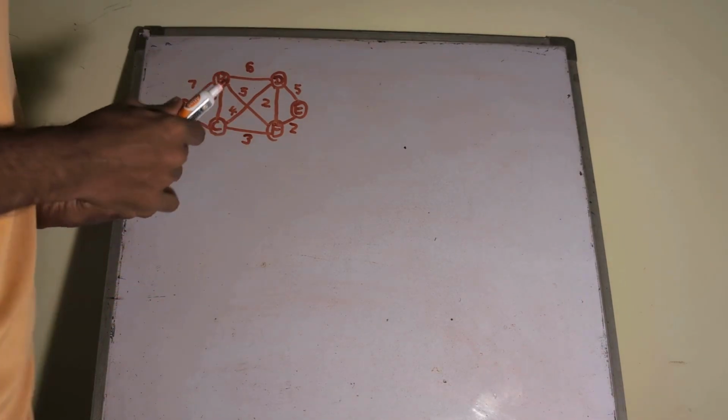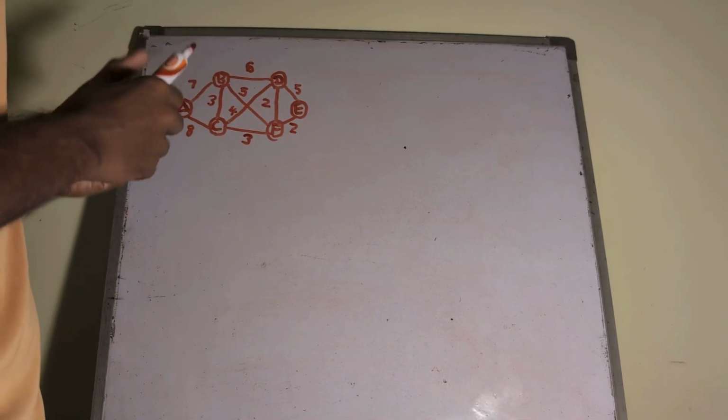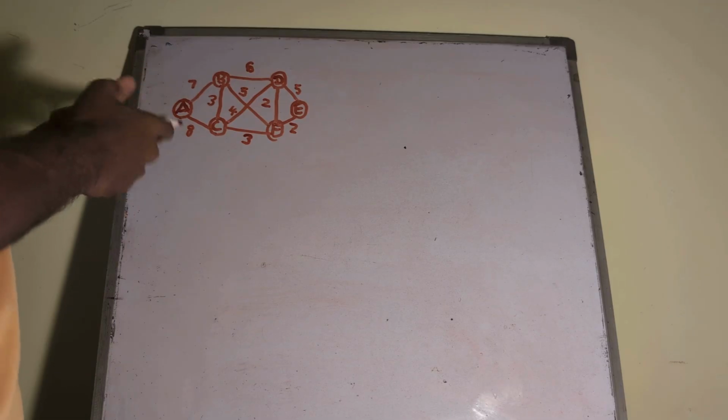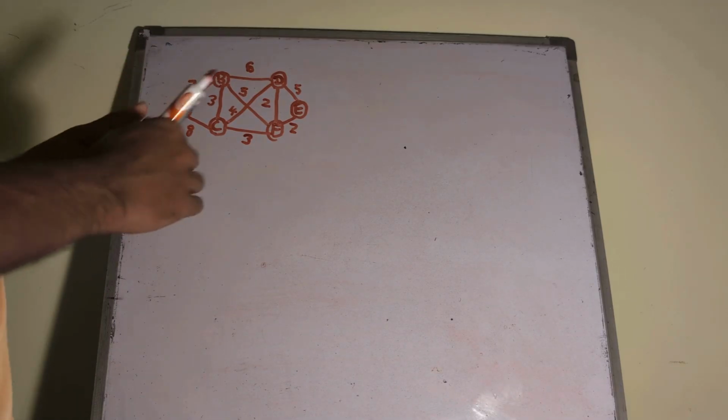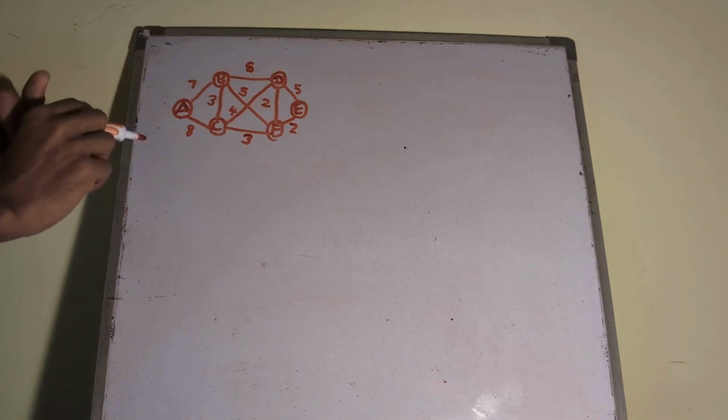So now we are going to show you another weighted graph. This one is more complex than the previous one. So how do we convert it into an MST?